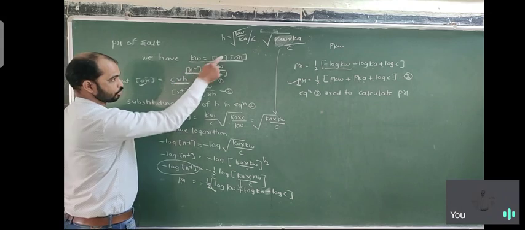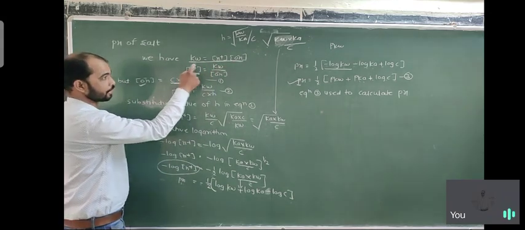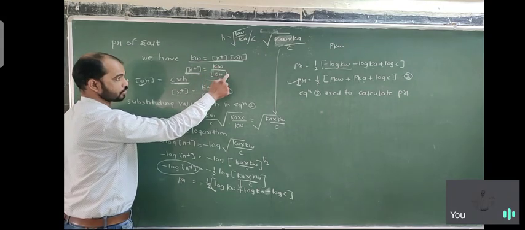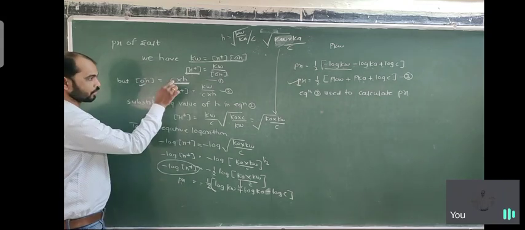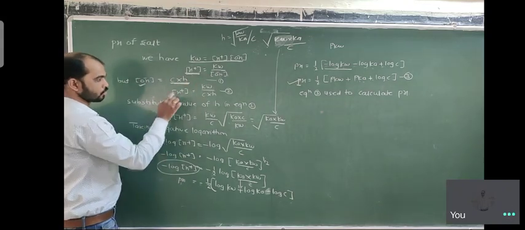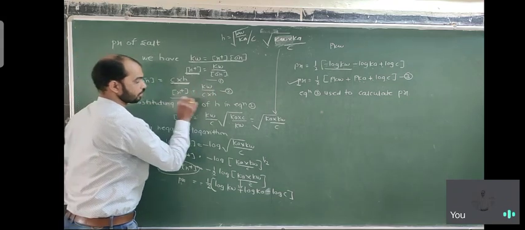Here H plus is equal to Kw upon the OH minus ion concentration, but we have the value of OH minus as C into alpha. So we put that value here, and the value of H plus is equal to Kw upon C into alpha.